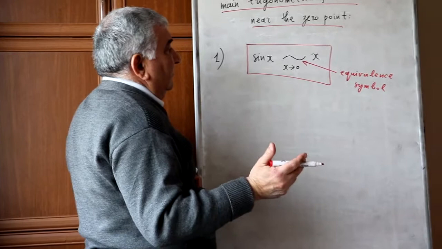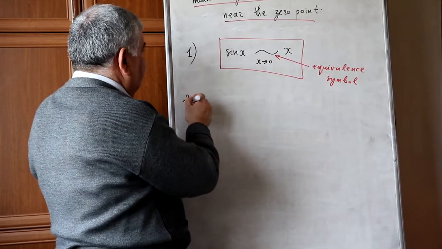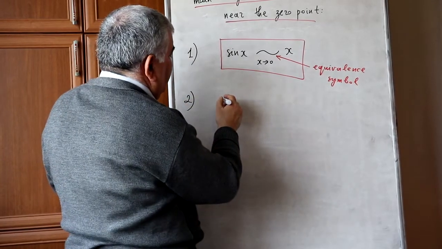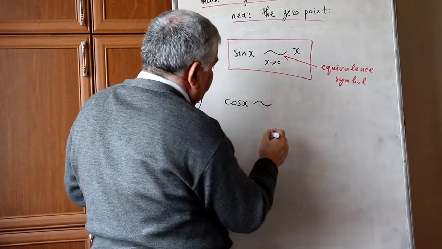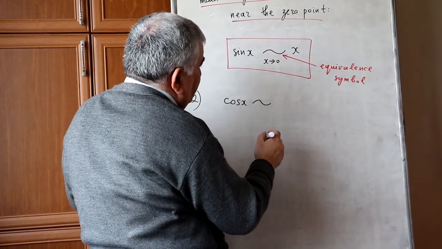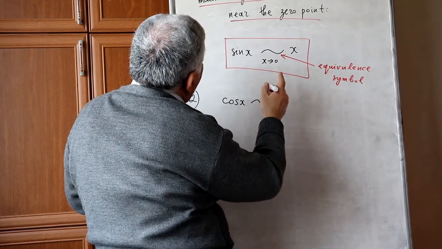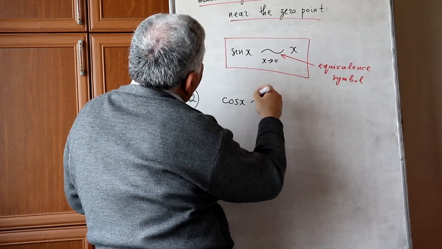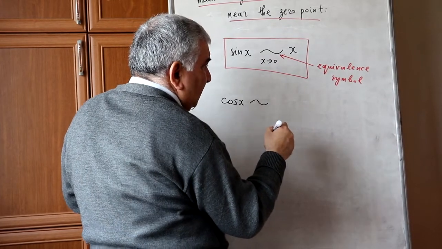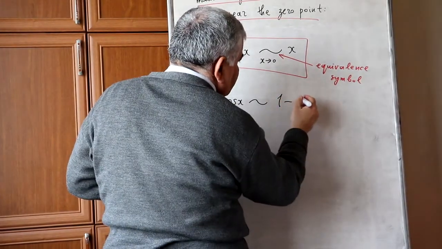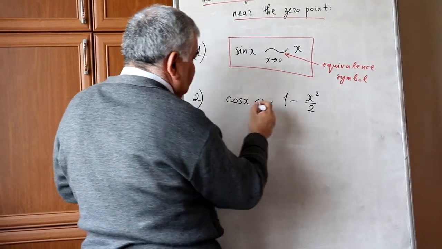And second equivalent form: cosine x is equivalent to 1 minus x squared in half, when x tends to 0.